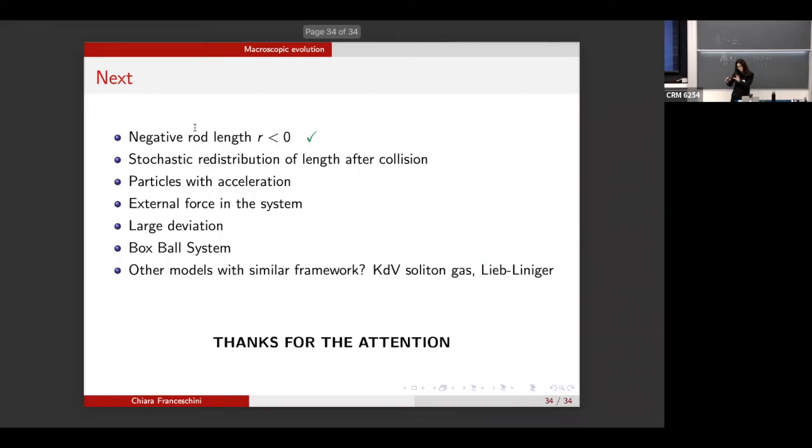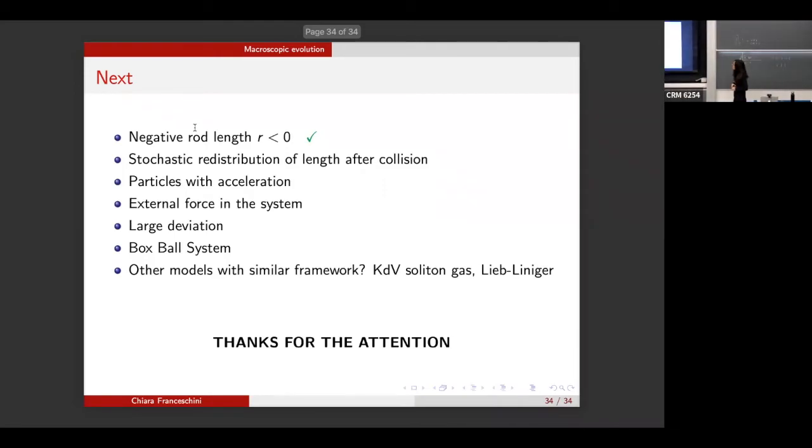This fraction is distributed according to some random distribution. This is inspired by the work of Kipnis, Marchioro, and Presutti of '82, where they have exactly a similar redistribution rule for particles. Instead of the length, they have energy, so they have particles exchanging energy in this stochastic way.